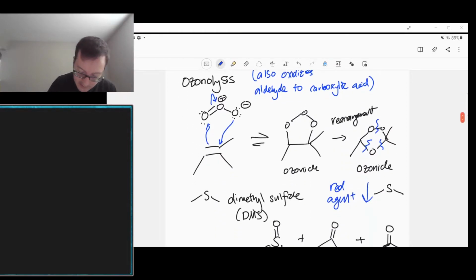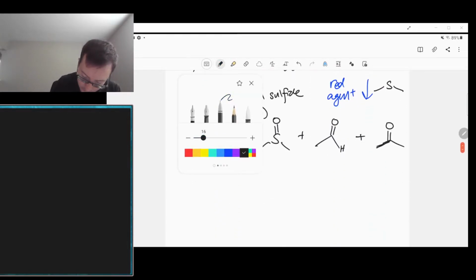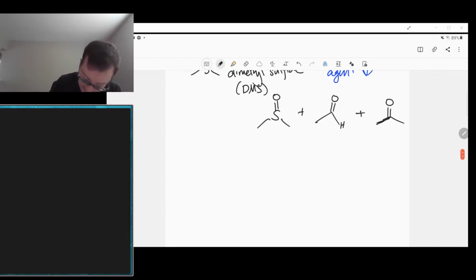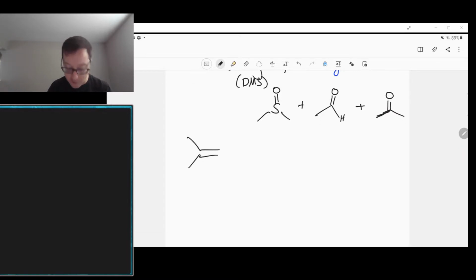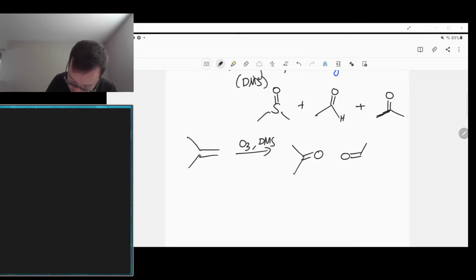Interestingly enough, if you take something like this, just a disubstituted alkene, if you do ozonolysis on this, you'll end up with your ketone, and you'll end up with formaldehyde.